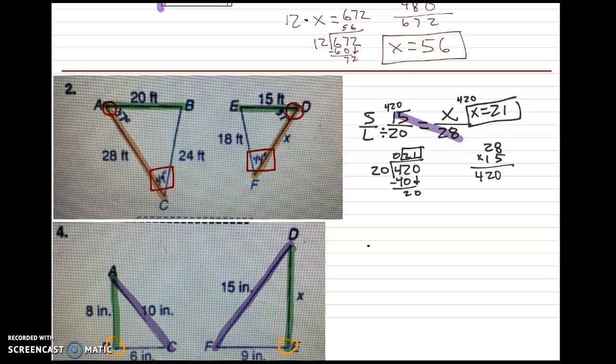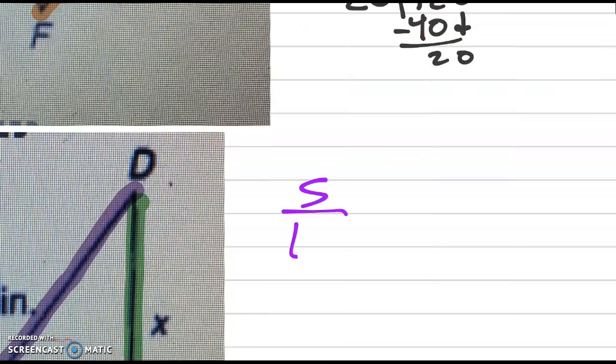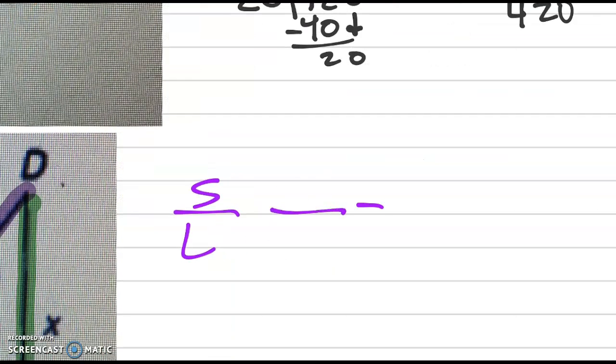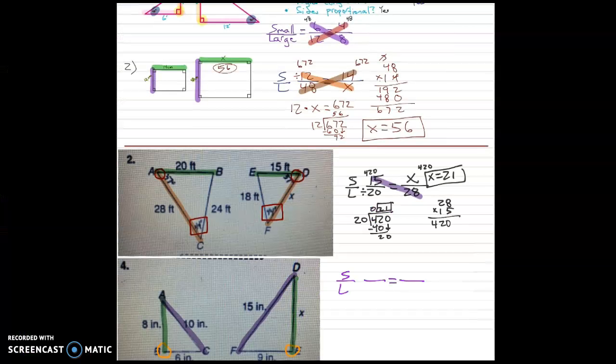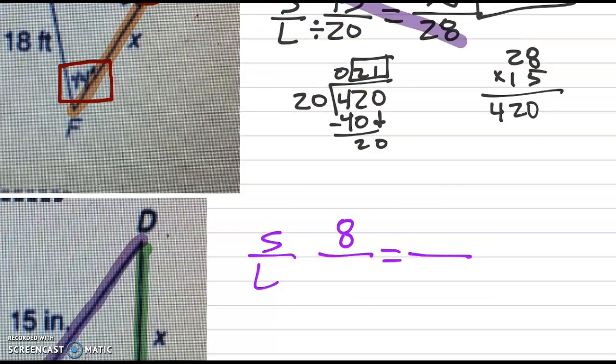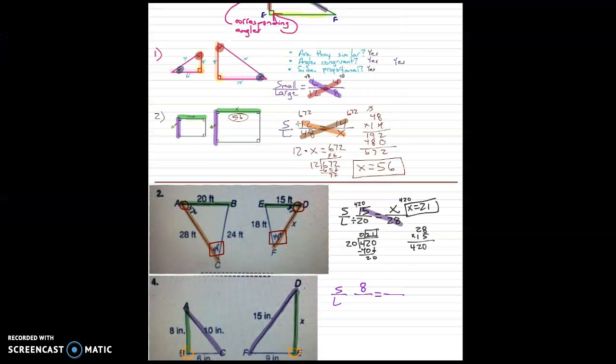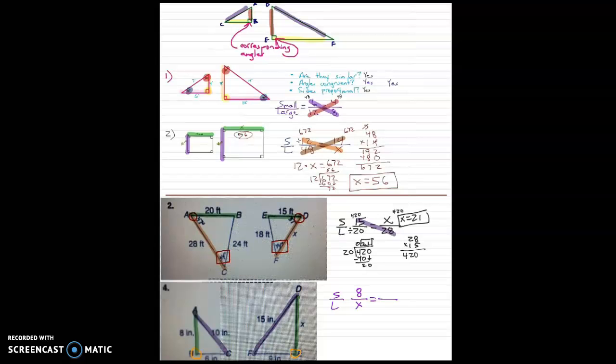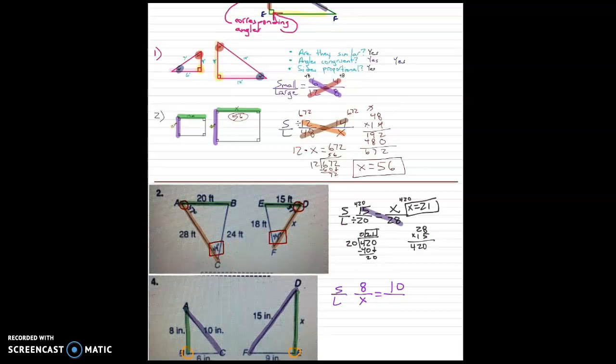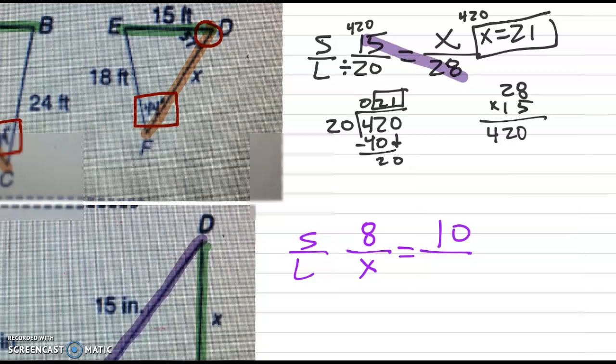All right, and again, it's all about setting it up. So we have a small, I want to use a different color. We have a small and a large. We're going to set up a proportion, nice blank proportion. On our small one, we have 8 is the green, and then X on the large, and then on the small one we have 10, and on the large is 15.